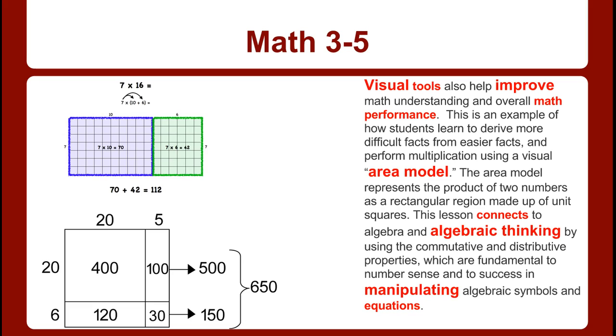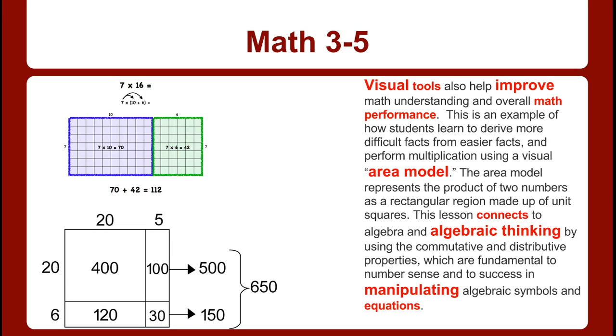This model shows an array of 7 by 16. 16 is decomposed into 10 and 6. 7 times 10 equals 70, and 7 times 6 equals 42. 70 plus 42 equals 112. Using 10 as an anchor makes it easier for students to visualize why 112 is the product.